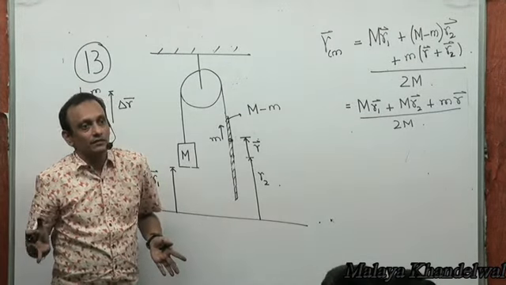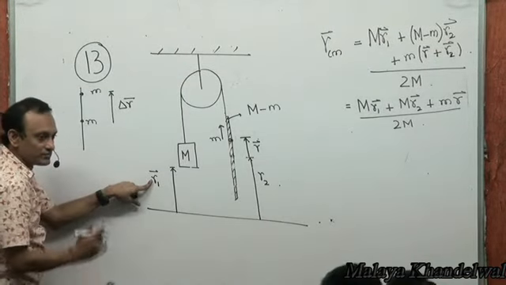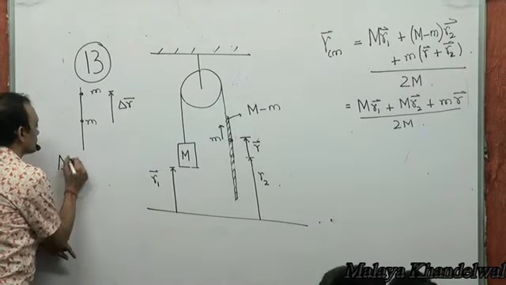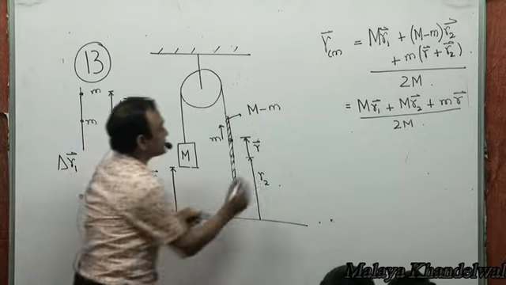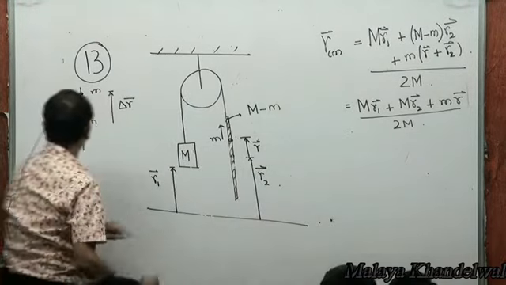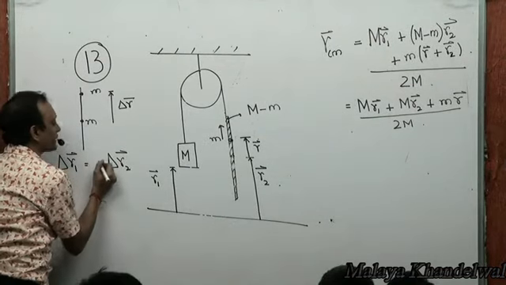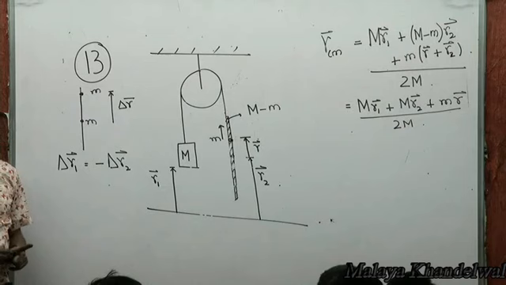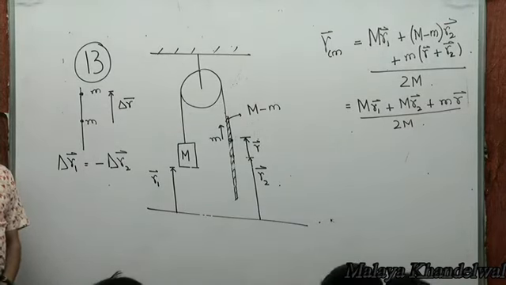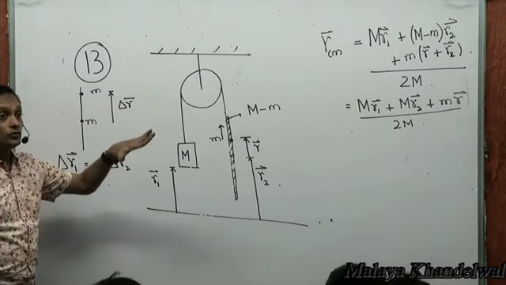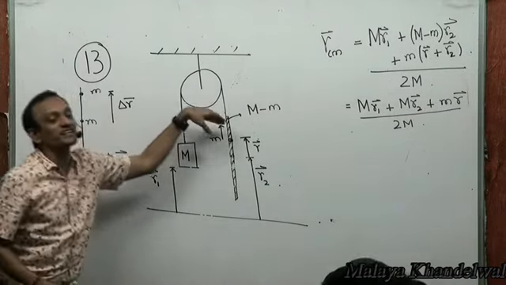Right? That means vectorially speaking, the change in position of this mass is change in vector r1. The change in position of the ladder is change in position vector r2. And these two vectors must be equal in magnitude but opposite in direction, because of a string consideration.